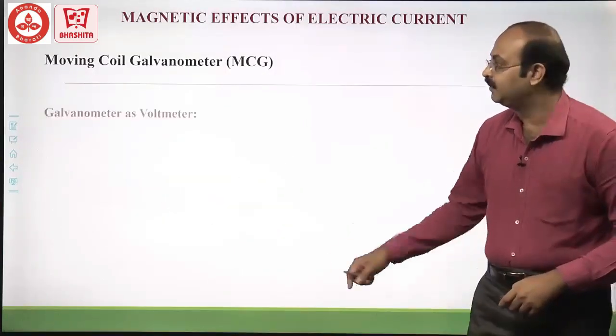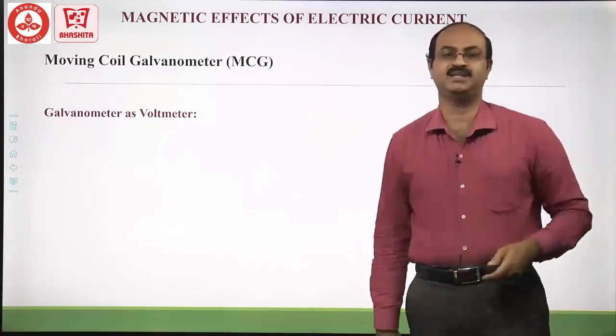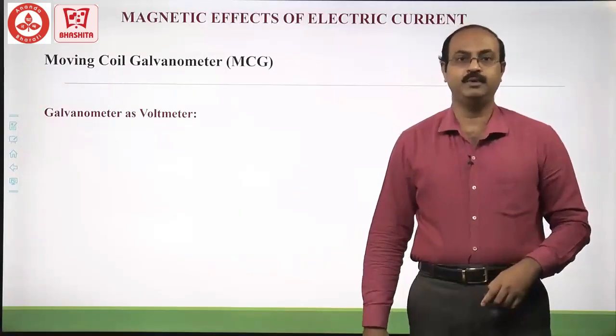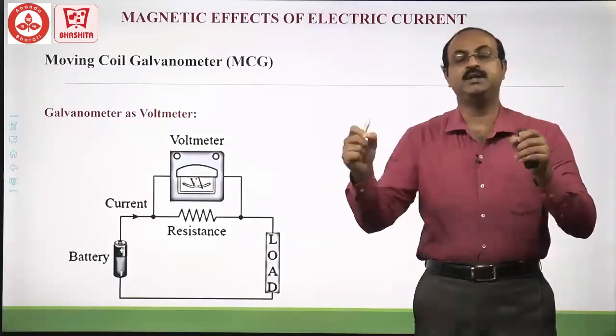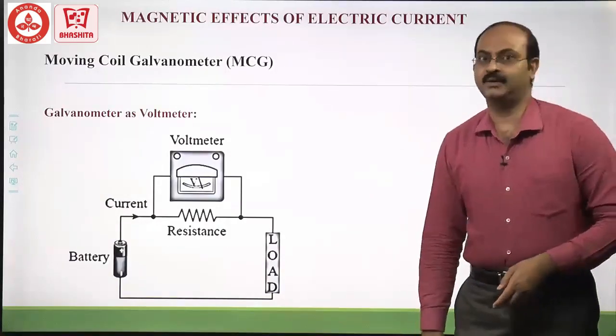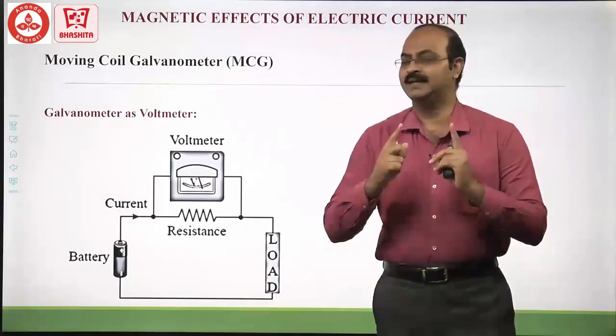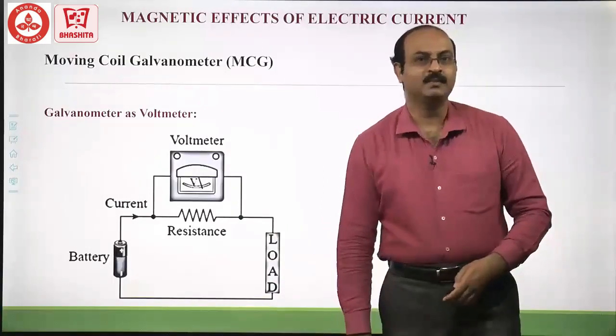At the same time, you will also know clearly how the galvanometer will be transformed into a voltmeter, so that it can be used to measure the potential difference across 2 points in a given circuit. Again, how the transformation happens, when you go through the lesson, definitely you will understand.